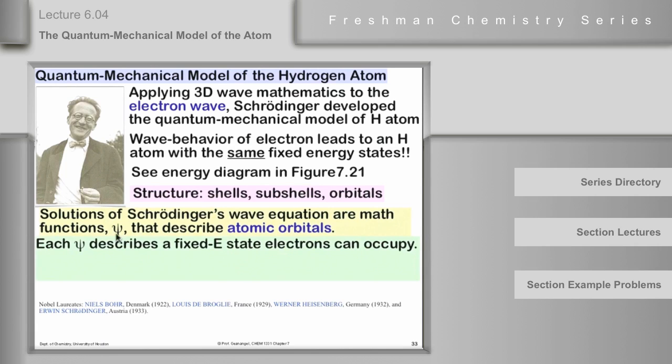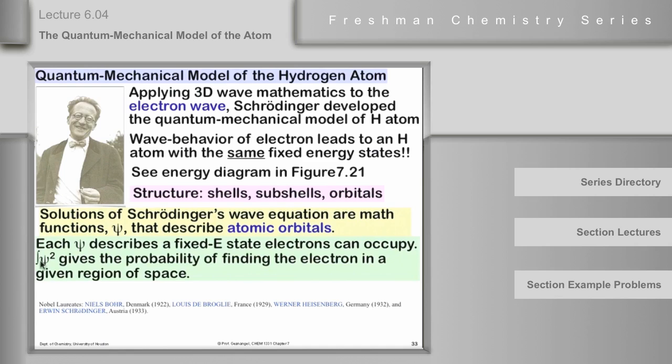Each description, mathematical description, was given the symbol Greek psi. And psi is a mathematical function that fixes the energy states the electrons can occupy. Each orbital, remember, psi describes the orbital, not the electron. The electron can occupy the state created and described by psi, right?